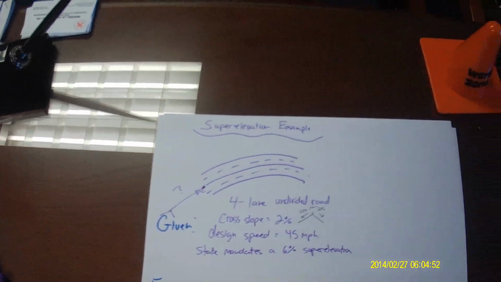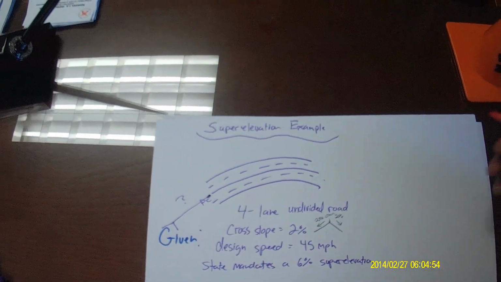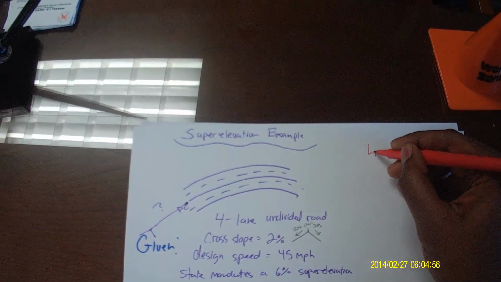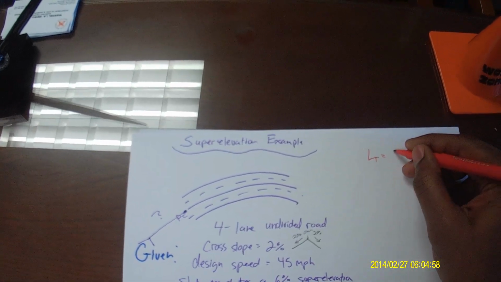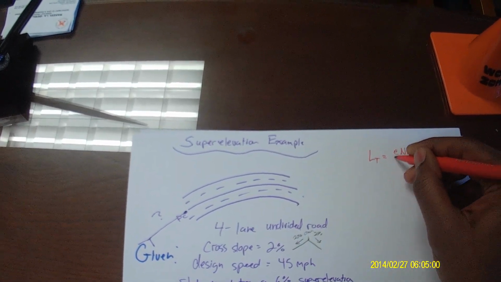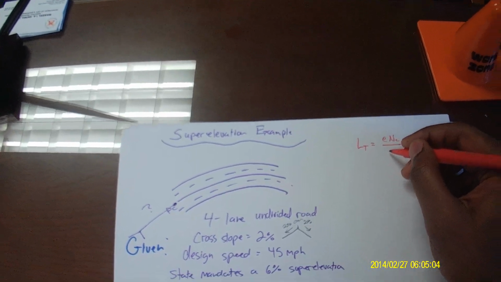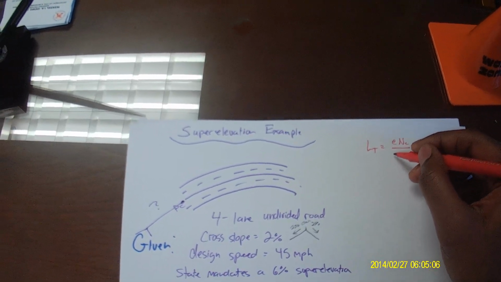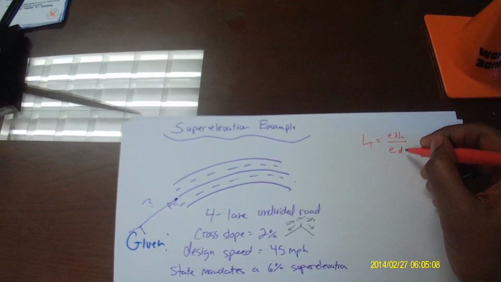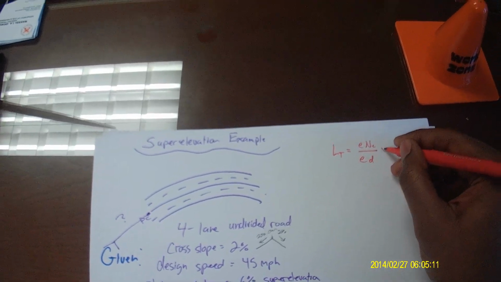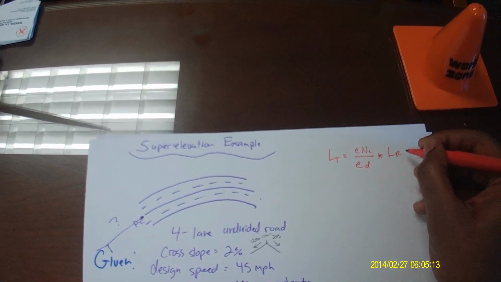The first thing that I want to write down is my L sub T equation, which is equal to E, the percent of the normal crown, which was given as 2%, and also the super elevation, and all that's multiplied by your length of runoff.